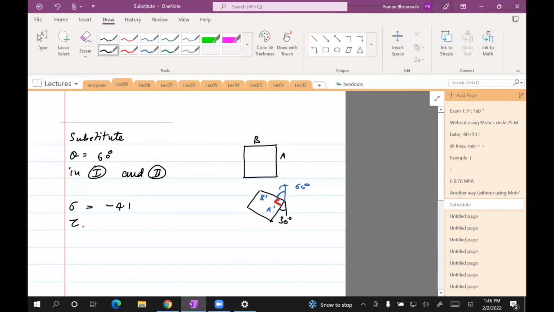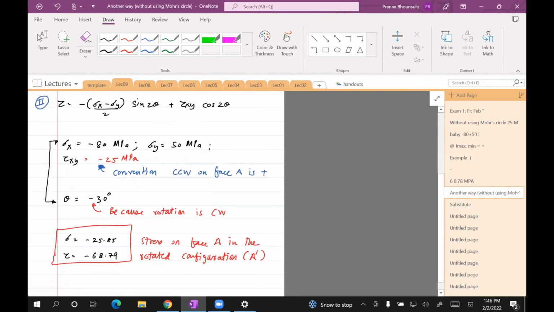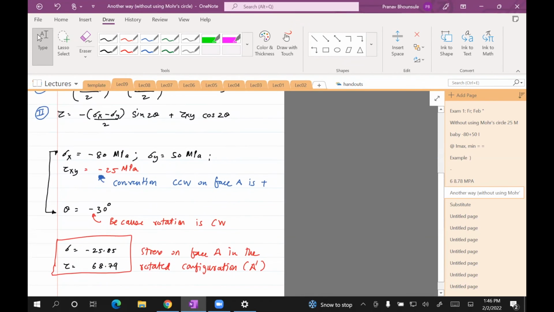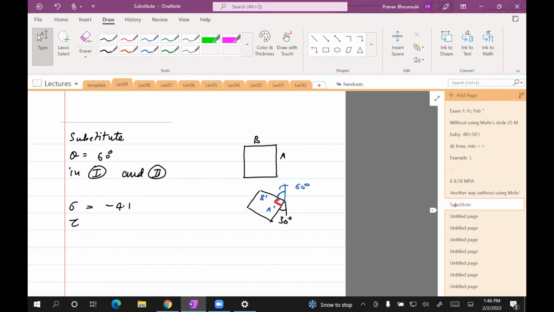Oh, I did a sign error. I think I did an error here. This should be positive. You can check me on this. Should be negative. And then here you should get a negative one. Minus 68.79 MPa.